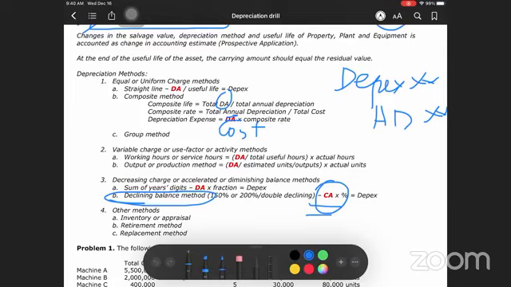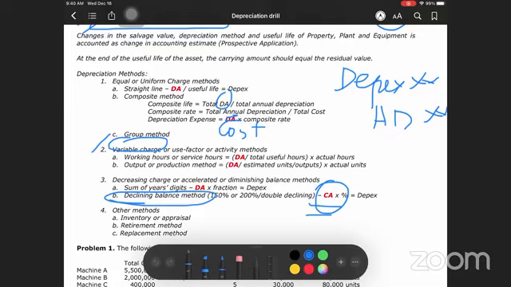The second method is the variable charge or use or activity method. This is based on a variable, so when you say variable, it is not fixed, your depreciation expense is not equal.